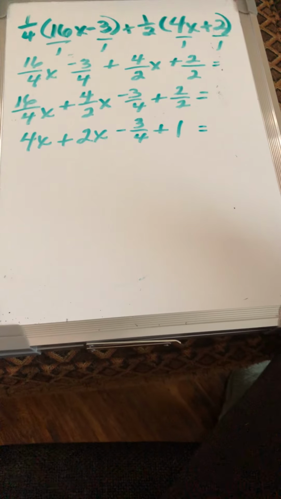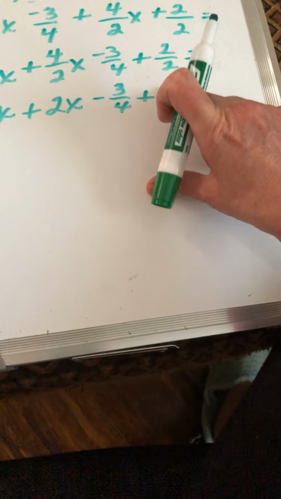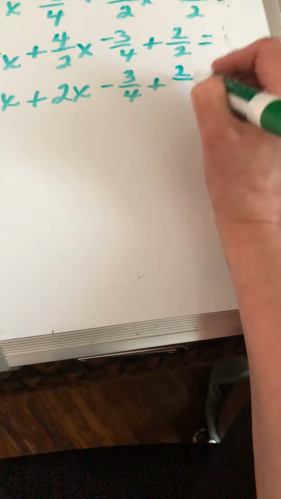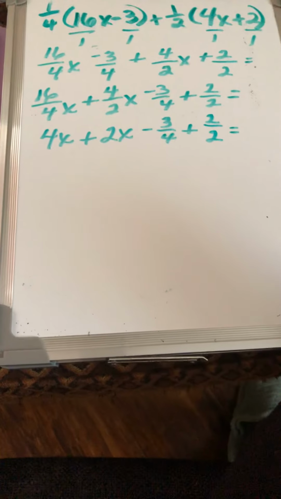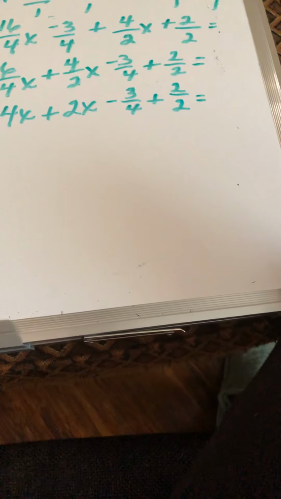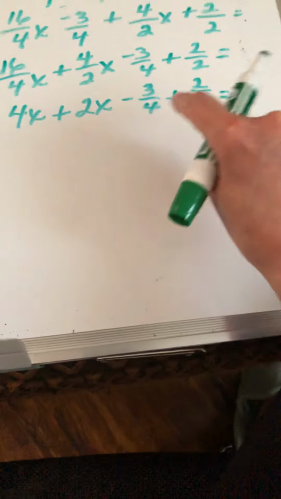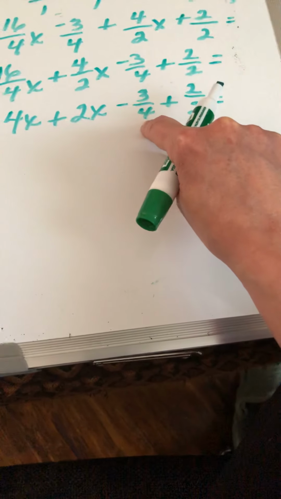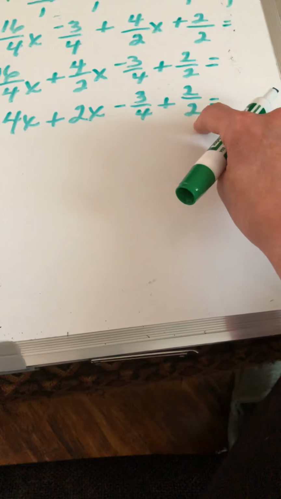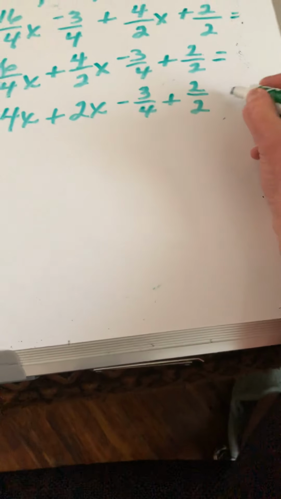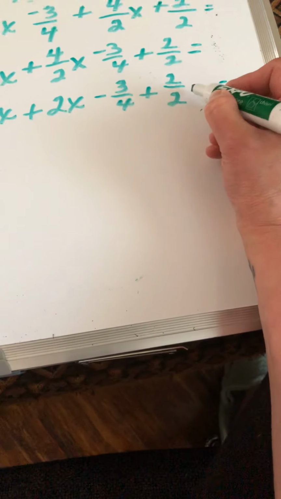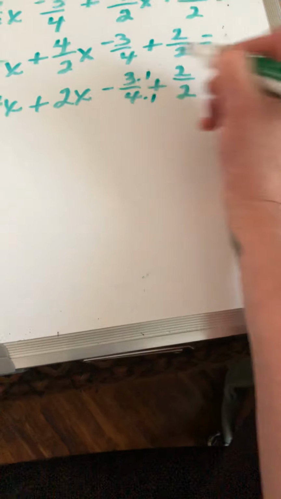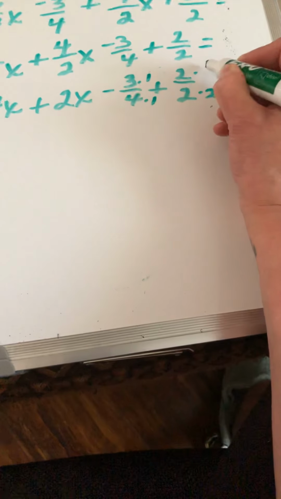Alrighty, and now we have a common denominator situation to deal with again. Why don't I just keep this 2 halves so we can do that. Alrighty, so looks like 4 would be a good option here because 4 goes into 4 and 2 goes into 4, so let's use that. This is of course going to be times 1 times 1 times 2 times 2.